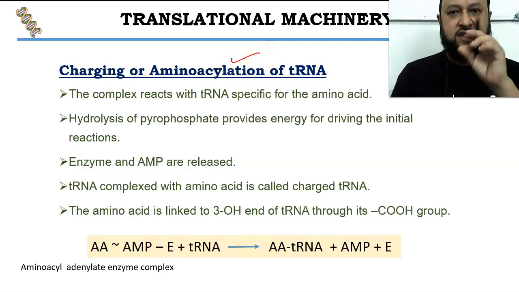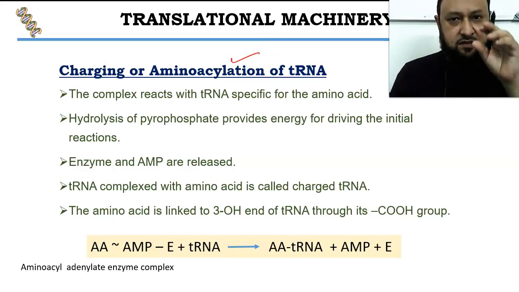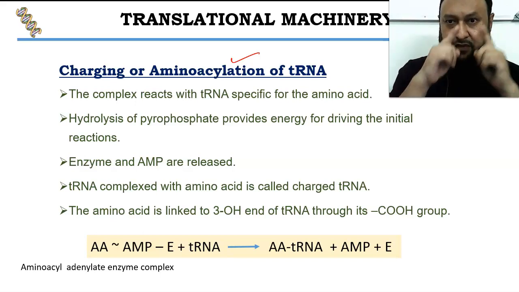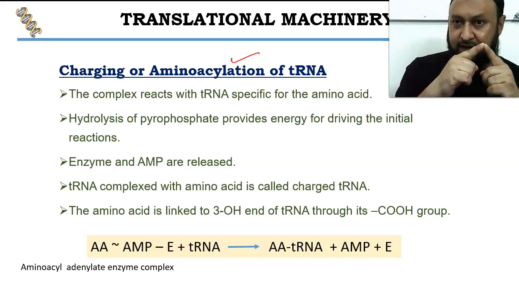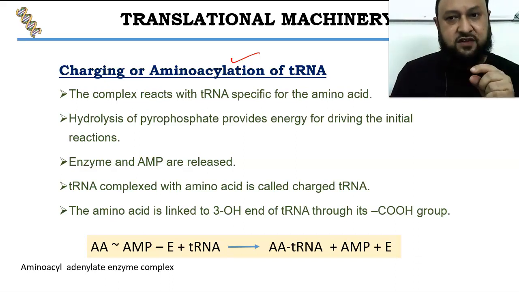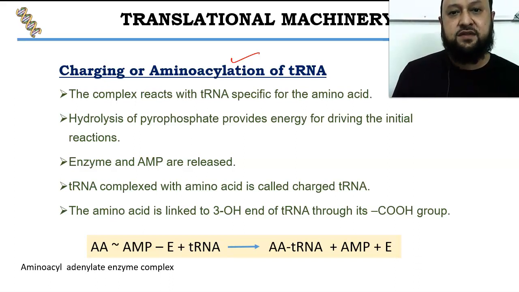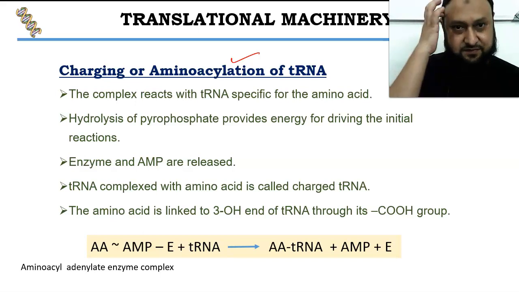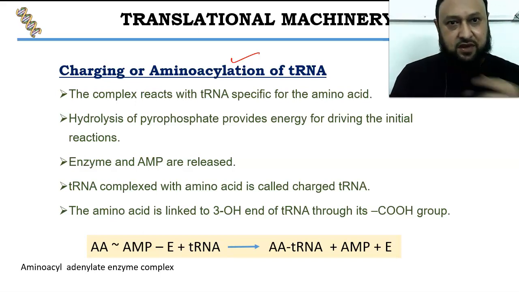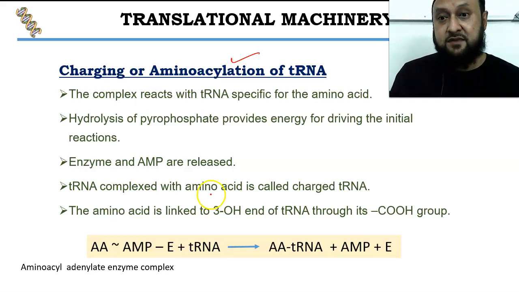The complex reacts with the tRNA specific for the amino acid. That means for a specific amino acid there will be a specific tRNA, and the complex is formed. Hydrolysis of pyrophosphate provides energy for driving the initial reaction. Now the enzyme and AMP are released here.